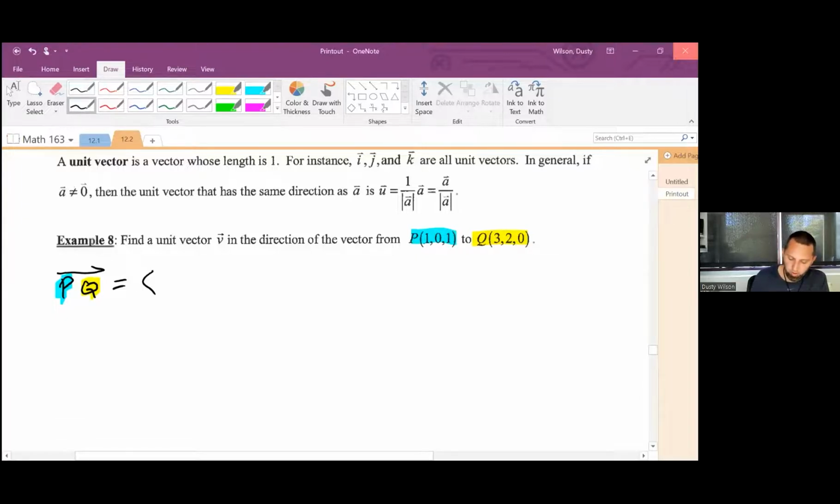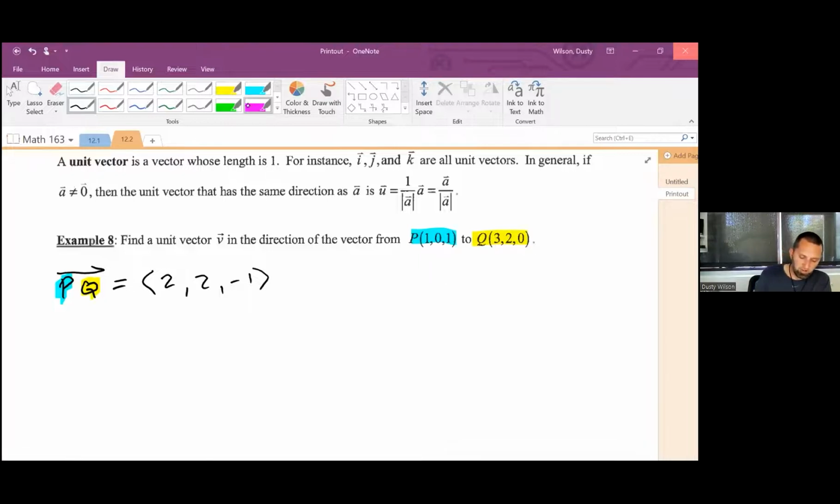So 3 minus 1 for the x component is 2. And then 2 minus 0 for the y component is 2. And 0 minus 1 for the z component is negative 1. So this is the vector from p to q.